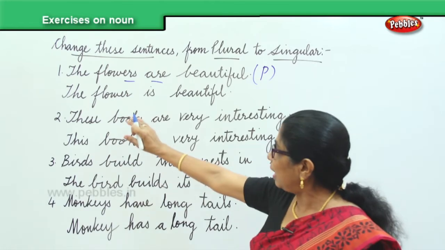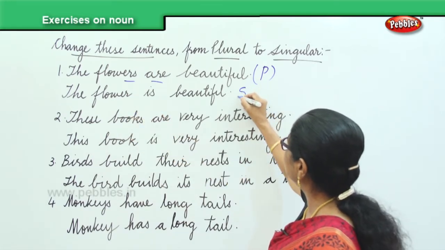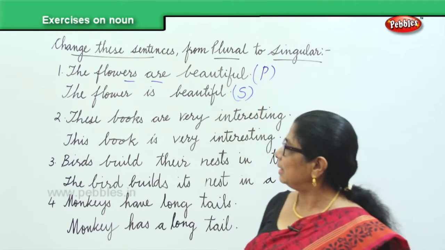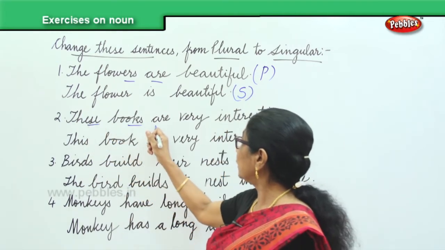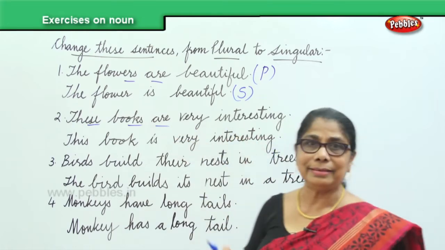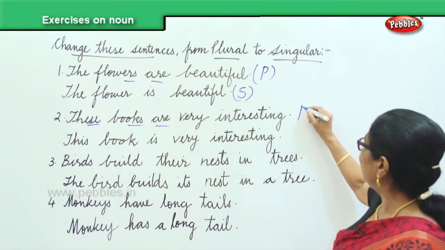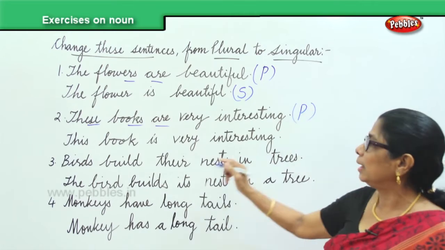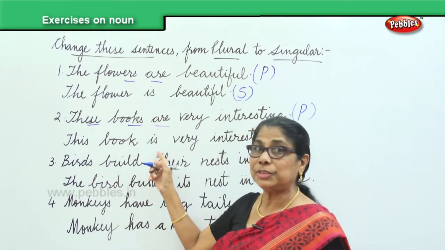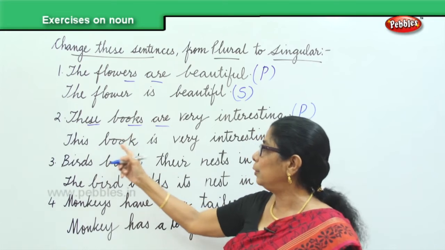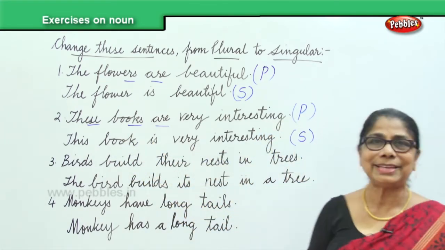So you say the flower is beautiful, and that is singular. In the second sentence we have, these books are very interesting, and that is the plural. Now we are going to change it. So you will say this book is, the verb changes here. This book is very interesting. We put it into singular form.